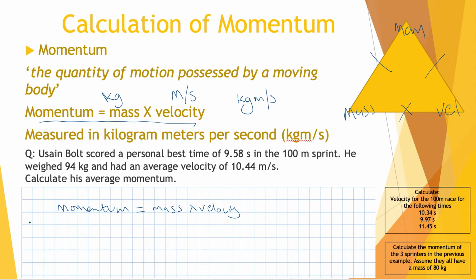And then momentum equals mass, which is 94, times velocity, which was 10.44. And that gives me 981.36 kilogram meters per second.